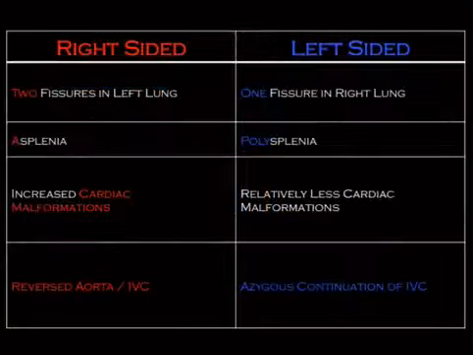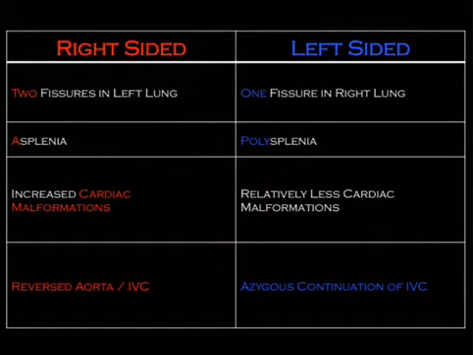So sort of going through this here, right-sided, two fissures on both sides. Left-sided is going to be one fissure on both sides. Asplenia, because right-sided is a liver, so it's like bilateral liver, so there's no spleen. Left-sided is polysplenia, so it's like a bunch of spleens. We'd still have a liver, of course. You can't live without your liver, but it is more left-sided stuff, more spleens.